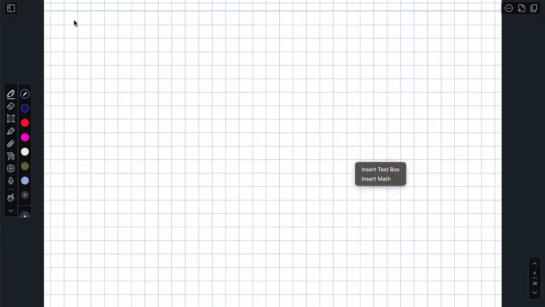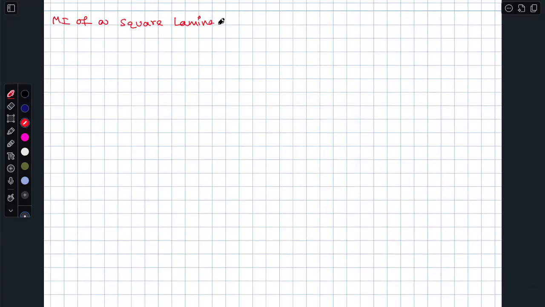Now imagine the moment of inertia of a square lamina. Square lamina. So now this is your square lamina.